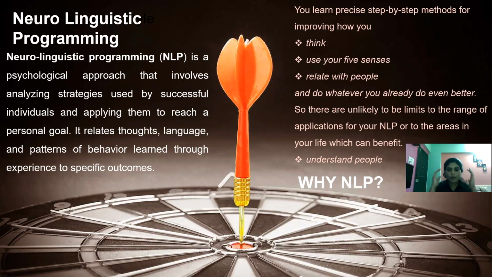For that, how you can rewire your brain, or how you can change the blueprint within your brain, how to make those connections proper. All those things you are going to learn in NLP.